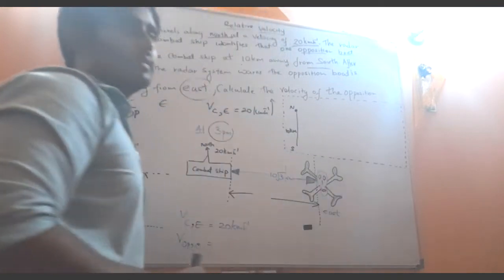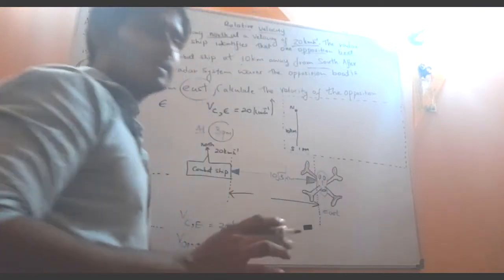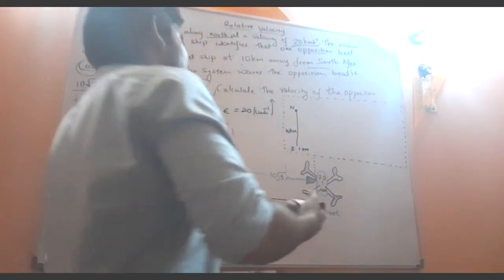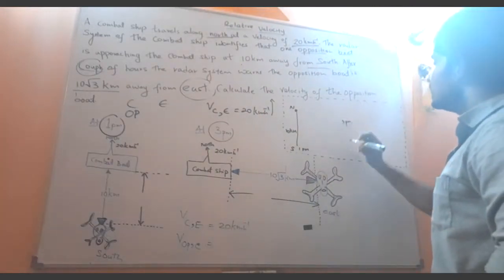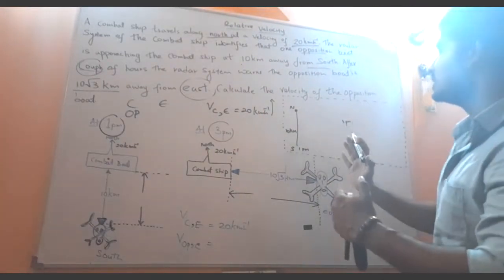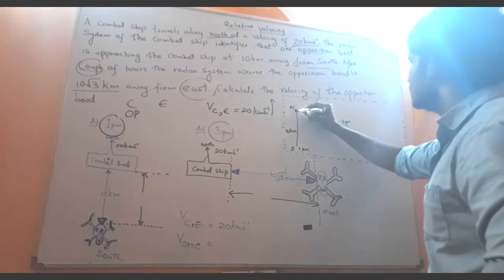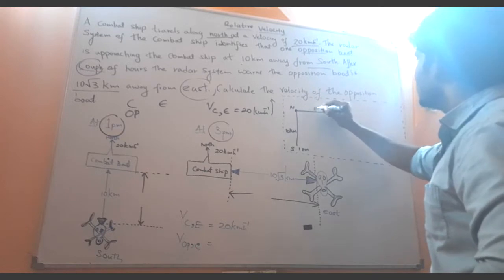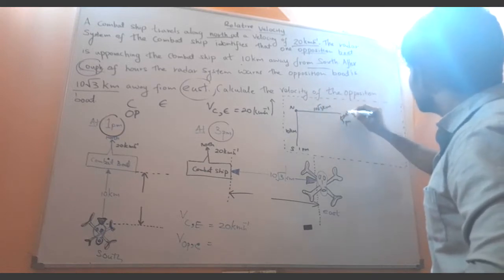This is happening at 1 p.m. So now after a couple of hours, that means at 3 p.m., now the current distance between the combat ship and the opposition boat is 10 root 3 kilometers. Now this is east.